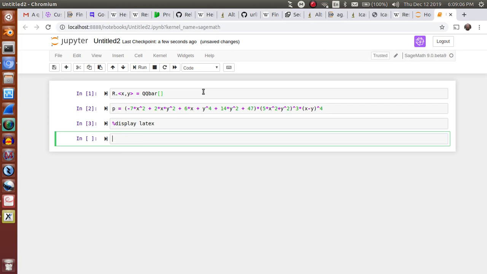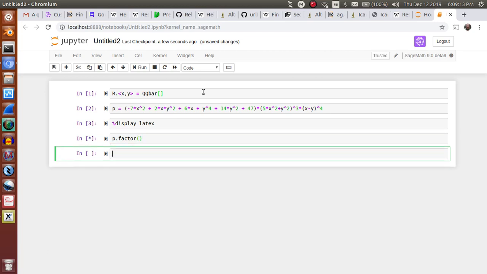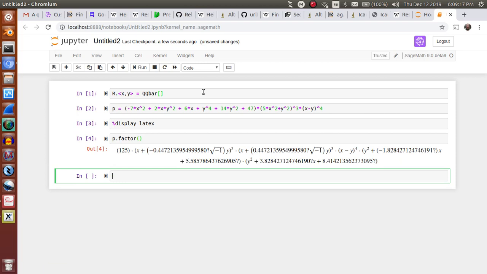Let's take a quick look and see what happens here. It's not going to display quite the way I want it. It's going to give us the numerical approximation here. We get all this stuff. But now, once again, I can do QQbar. This is a new session, it didn't remember the options. Display format equals radical.